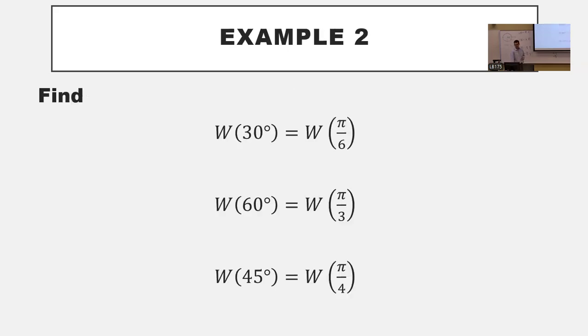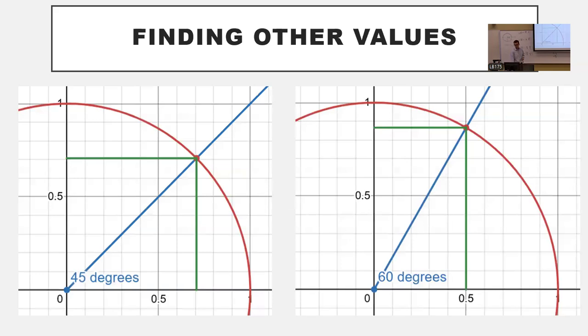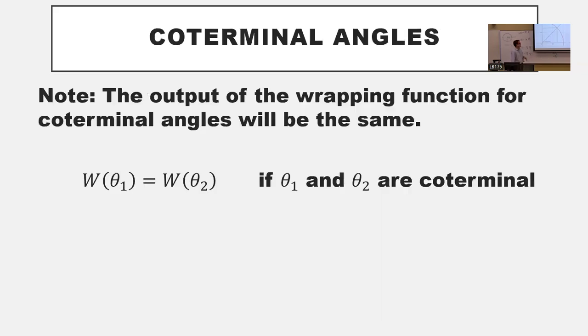And you can do that whole process. Okay. So the 45 degrees and the 60 degrees came from nice 45 right triangles. I've already told you this, that if you have two coterminal angles, then the wrapping function output is going to be the same. That's, again, fairly obvious. But we wrote that on the board earlier.